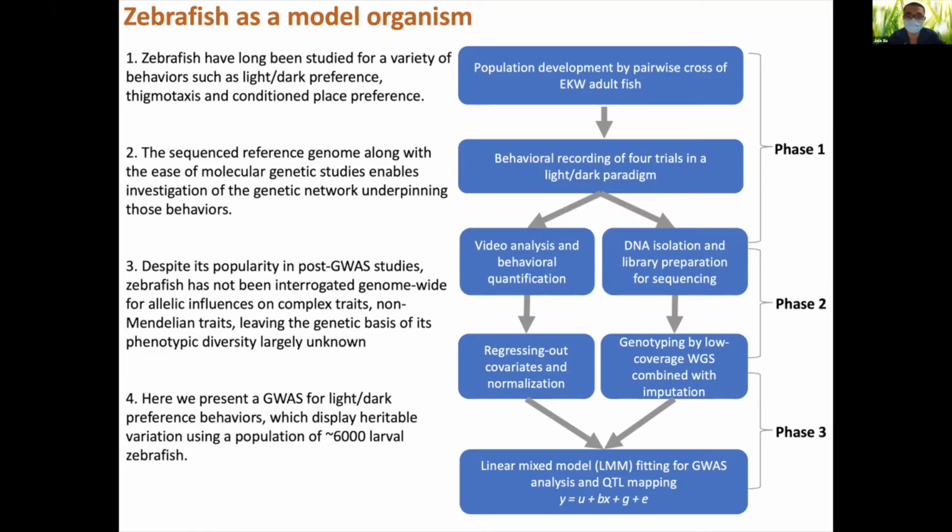The general workflow is to first develop this big population using an EKW, an outbred strain of zebrafish, followed by behavior characterization in a well-established light-dark paradigm. In parallel, we isolate the DNA and then send it to our collaborators' lab for genotyping. Once we get all these phenotypic and genotypic data, we fit them in a modified linear mixed model to detect the QTLs associated with our investigated behavioral traits.